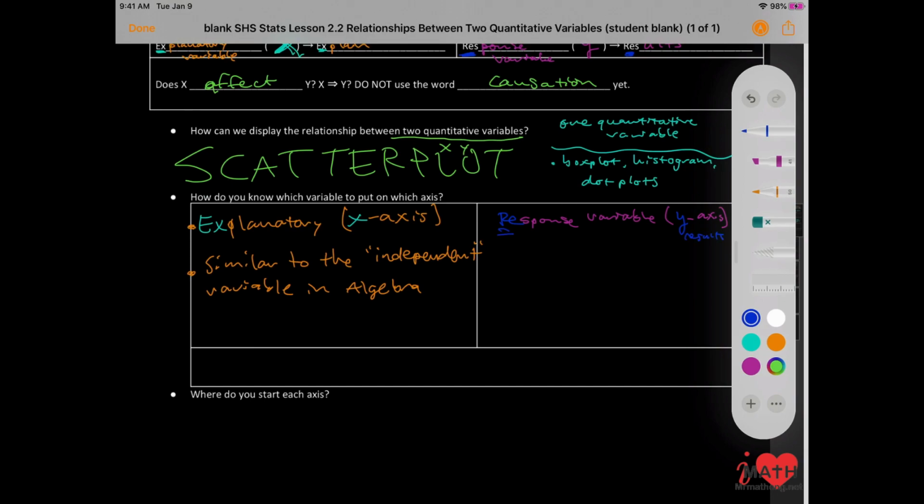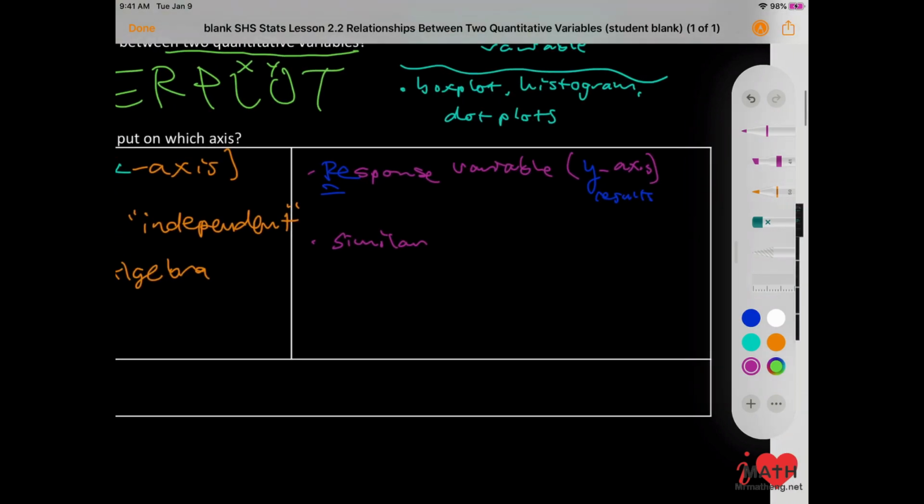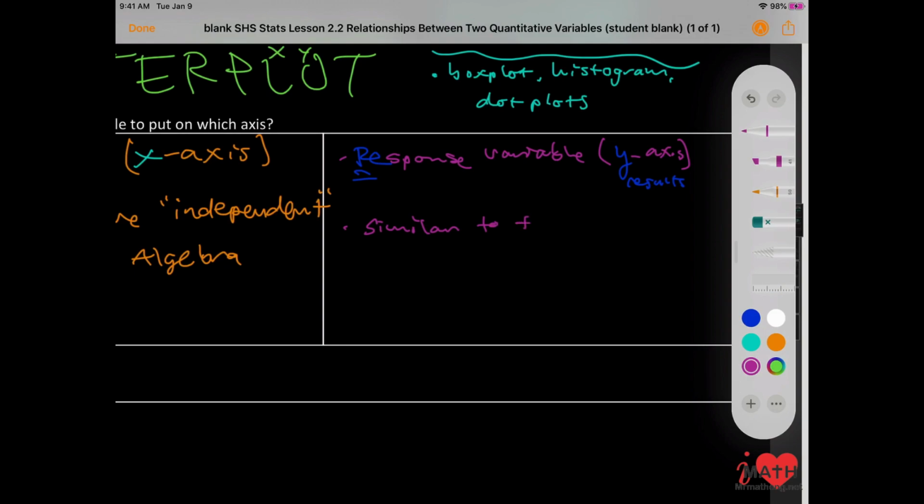So the results are going to go on the y-axis. And this is like what? This is similar to the dependent variable in Algebra 1.